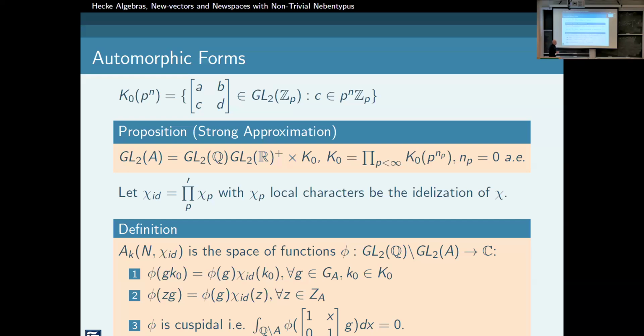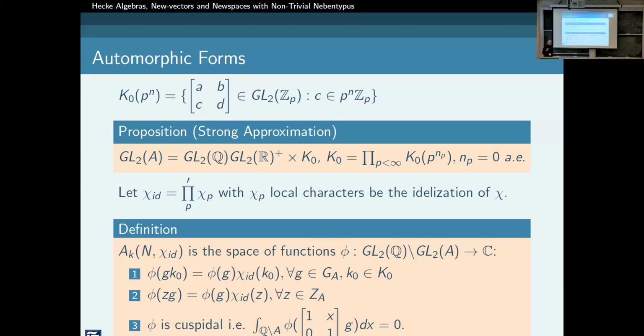Okay, and if you take the character, you can analyze this character. And it's the restricted product of local characters, chi p, with which we will be working from now on. So the adelic analog of the space of cusp forms is this space of functions, which are defined over GL2(Q) quotient GL2(A).